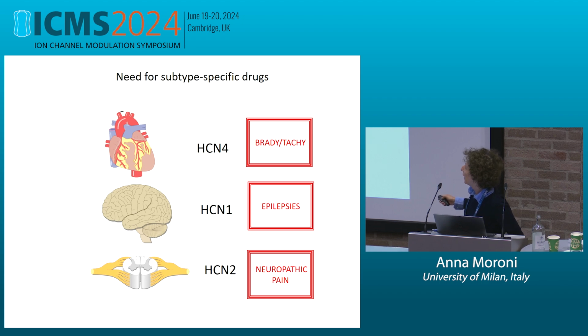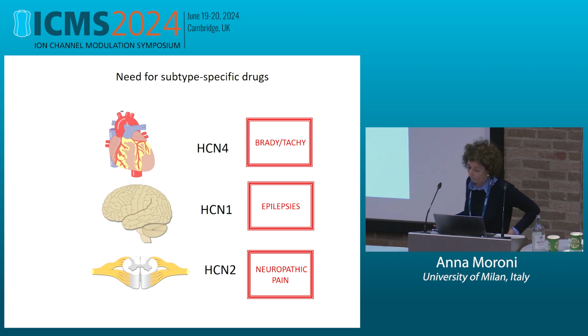Defects in HCN4 lead to sinoatrial node disease like bradycardia, while HCN1 and HCN2 were discovered to be related to epilepsies by Christelle Depienne, and also related to neuropathic pain by the big work of McNaughton.